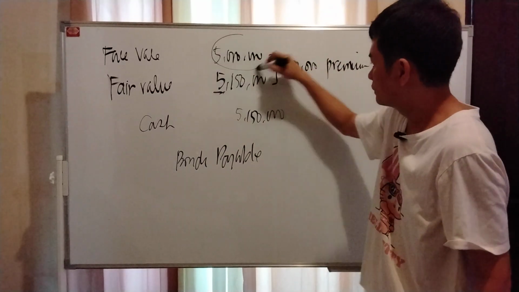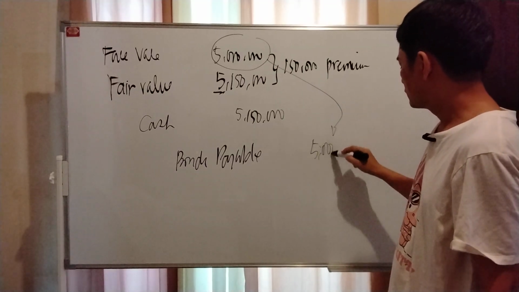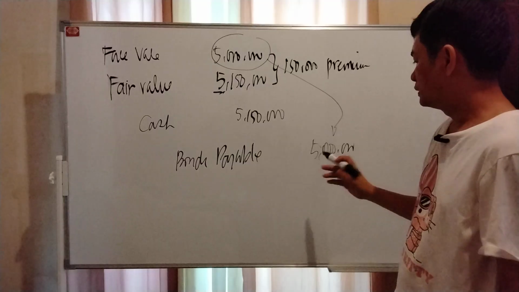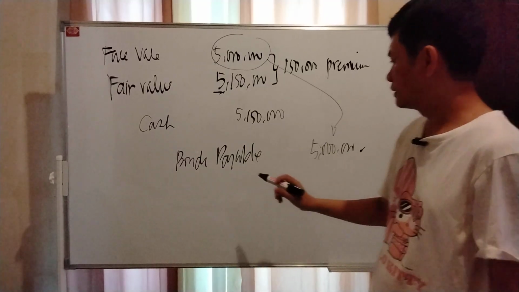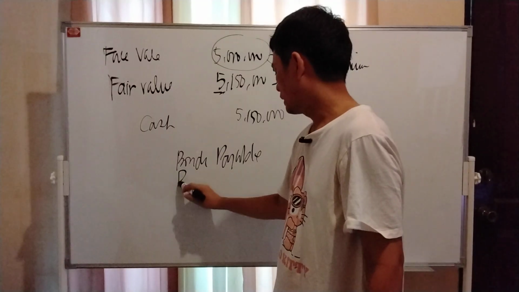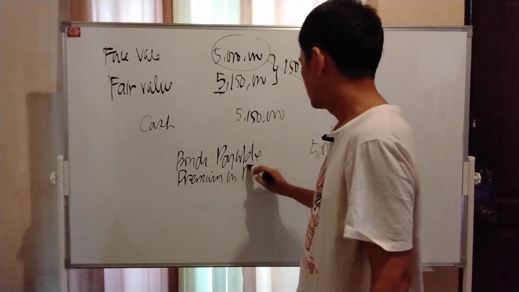The face value. So this is the amount that we're going to assign here to credit to the principal amount of the bonds payable. And the difference, we will account for as premium on bonds. Okay.